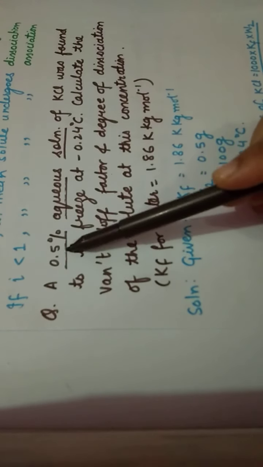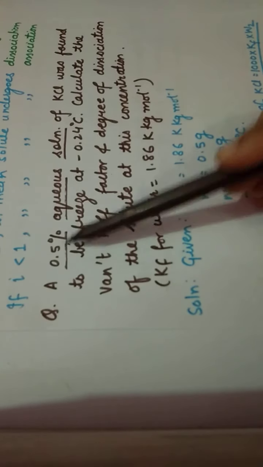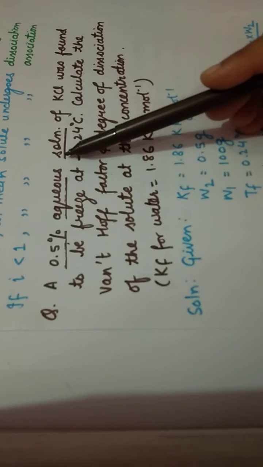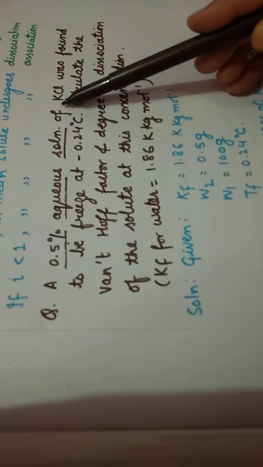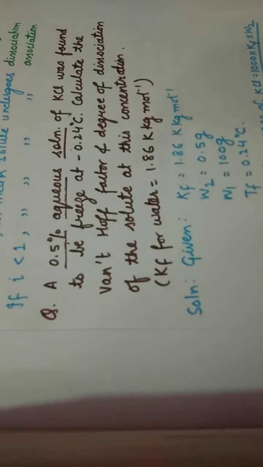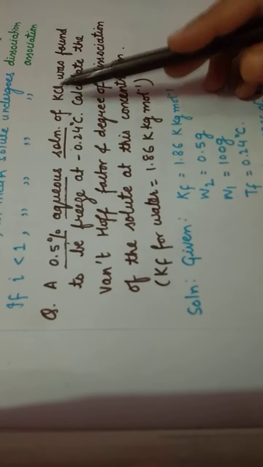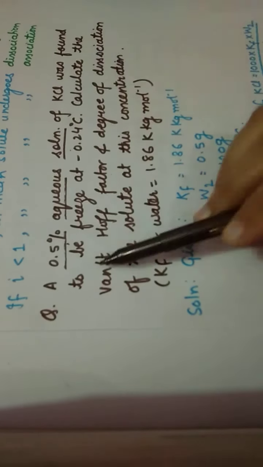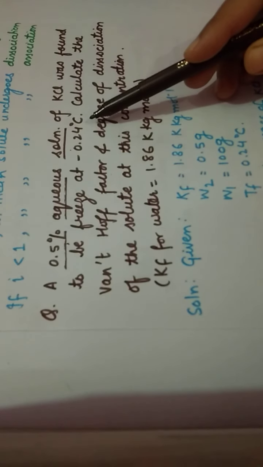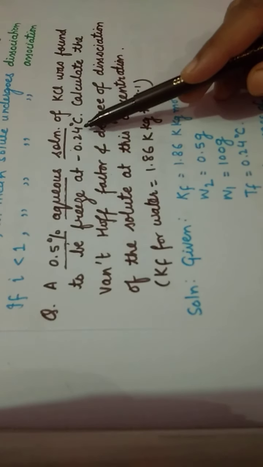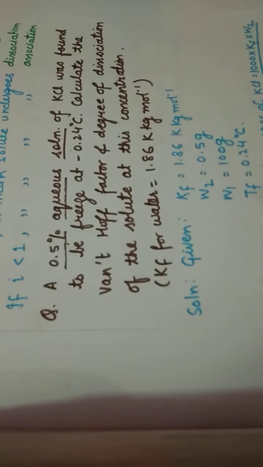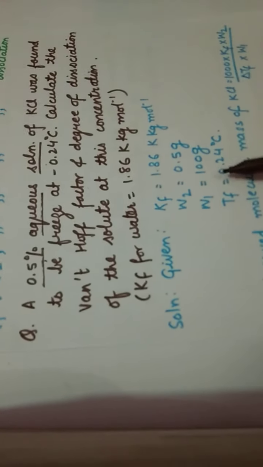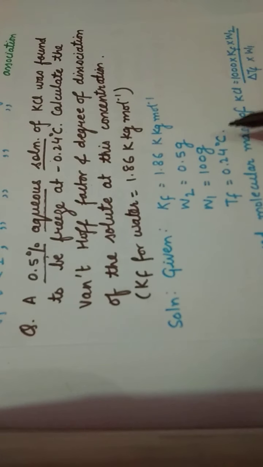This is the solute having mass 0.5 gram, dissolved in water, H2O. It means the freezing point is given, children, 0.24 degrees Celsius.